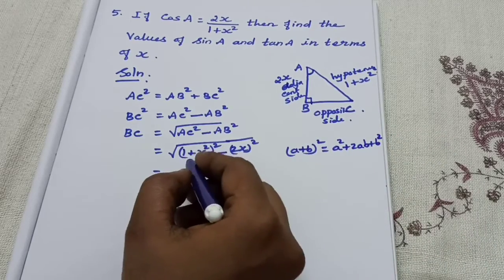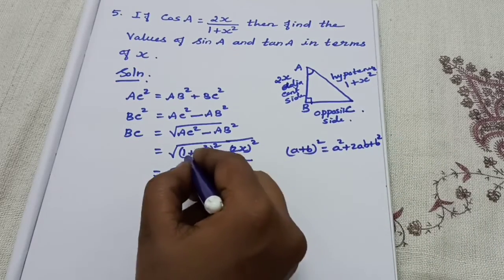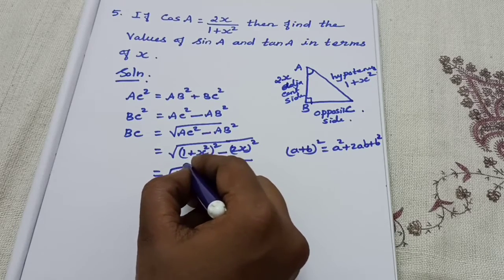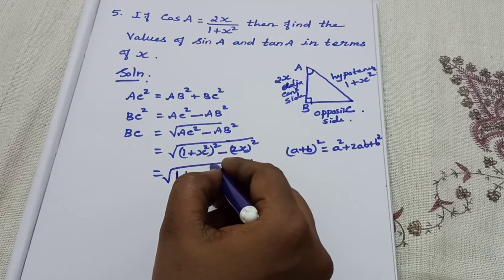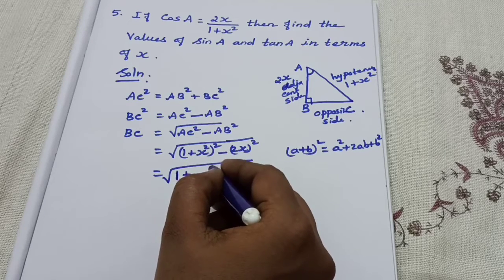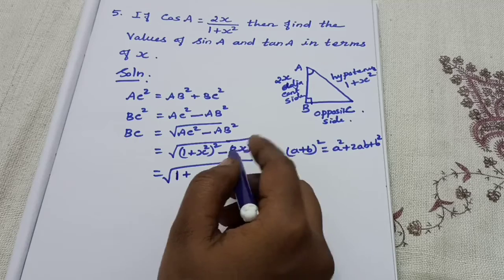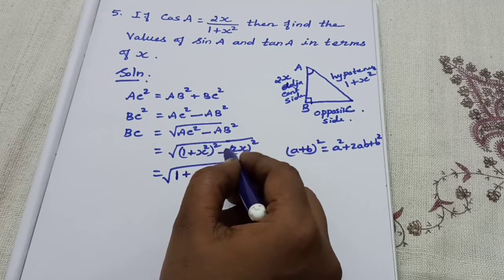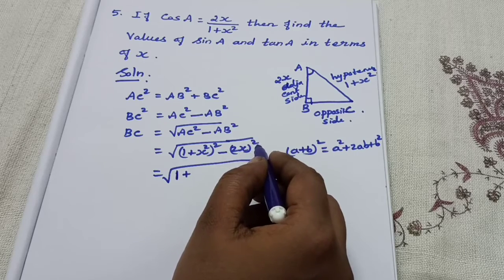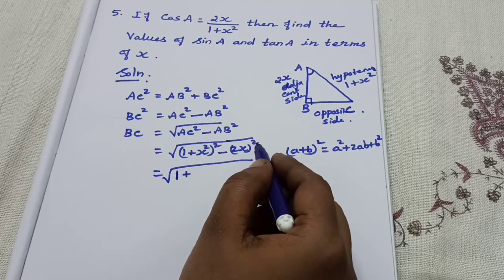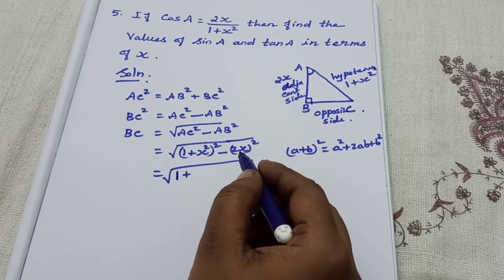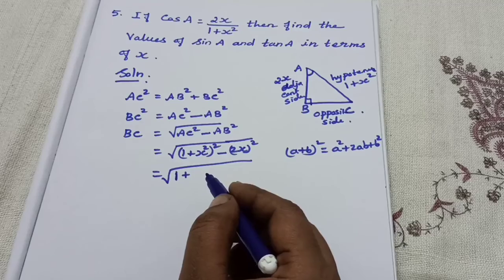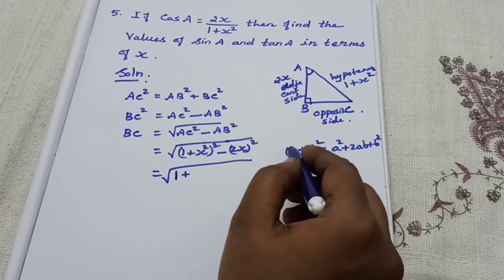Otherwise, one method we can do is 1 plus x square the whole square minus 2x the whole square. This is of the form A square minus B square, which we can also do, but the (A plus B) the whole square form is easier for you.